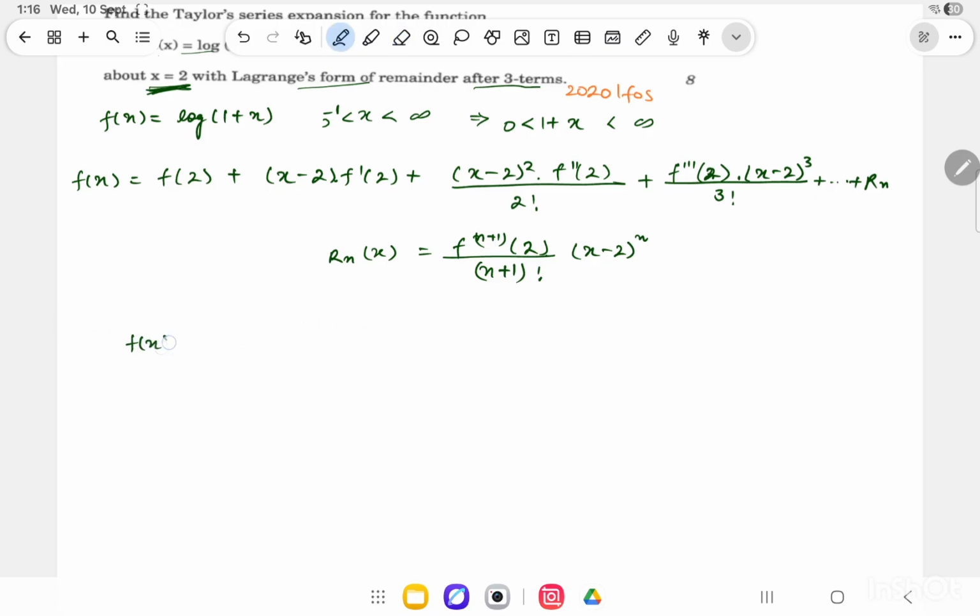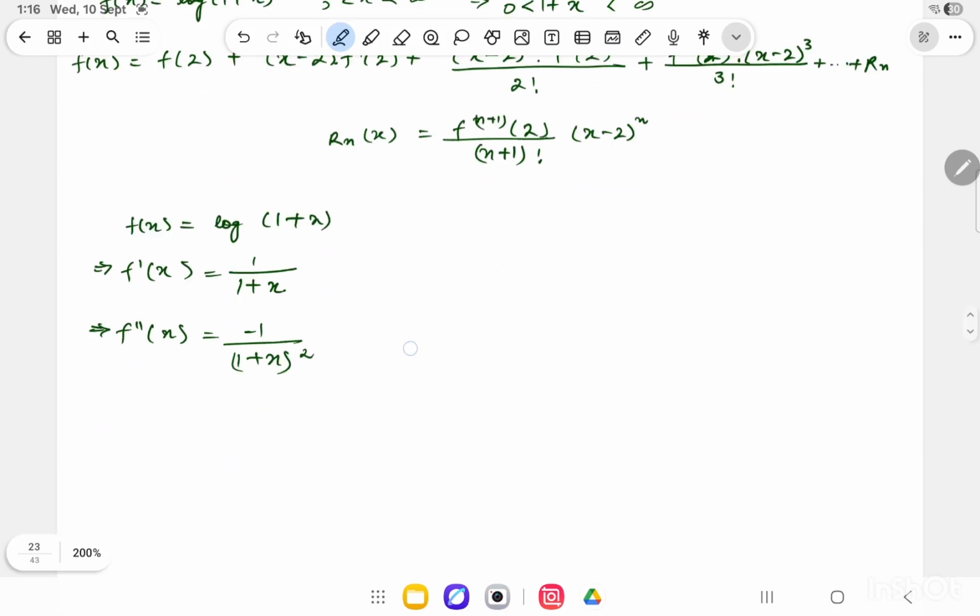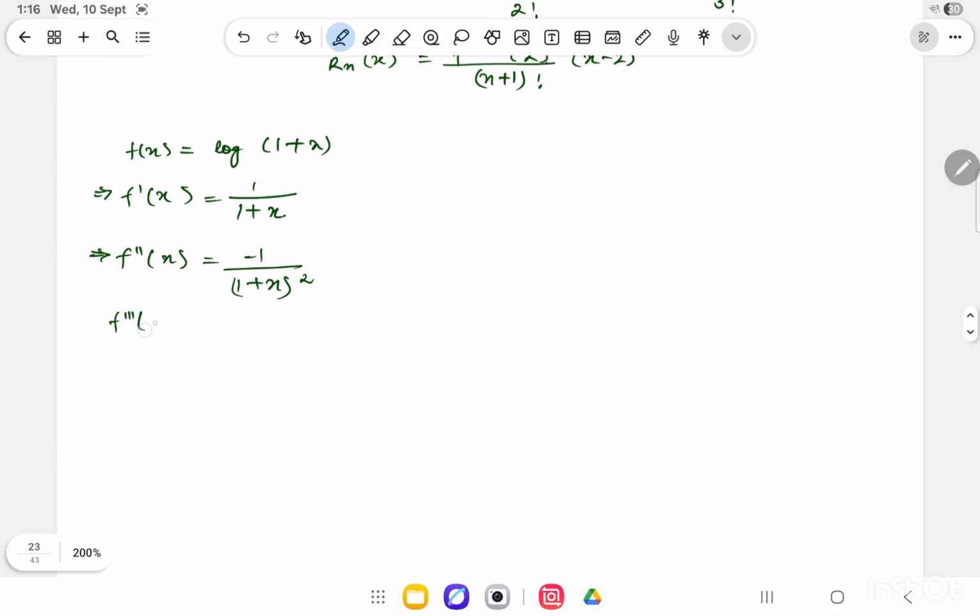So my function f(x) is log(1 + x). If I take its derivative, I'll be getting 1/(1 + x). Likewise its double derivative will be -1/(1 + x)^2. Its triple derivative is (-1)(-2)/(1 + x)^3 and so on.